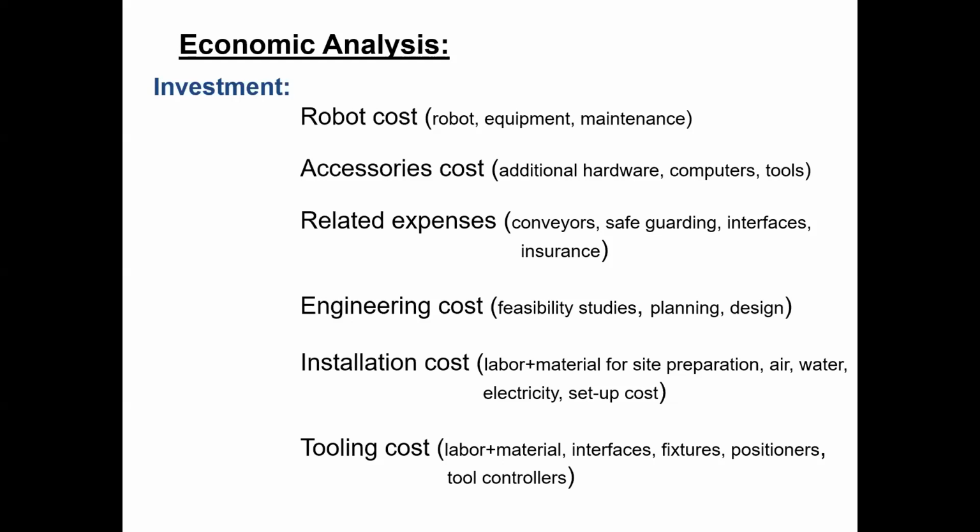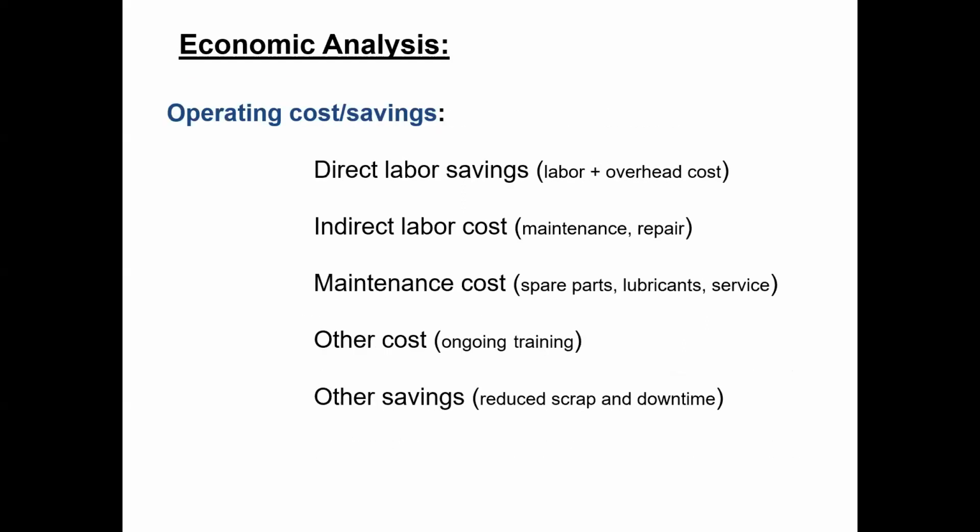What are the setup costs? And then the tooling cost, again labor, material, then interfaces. How is it connected to the robot? What about the clampings of fixtures, positioners, tool controllers? This is related to the investment. But in operation there will be direct labor savings, labor and overhead, indirect labor cost as well, maintenance, repair.